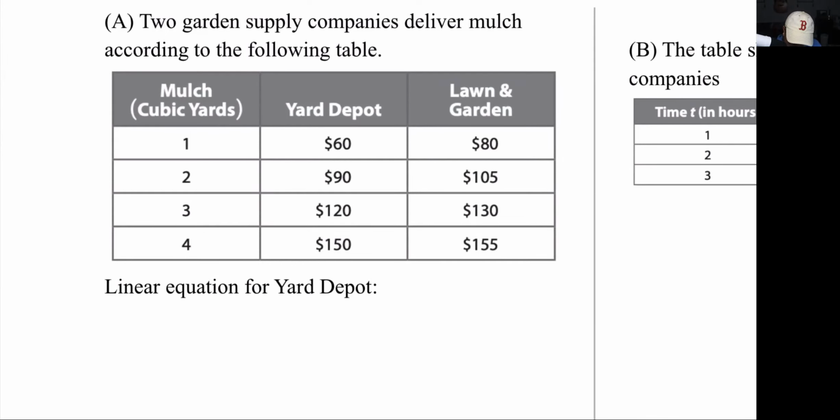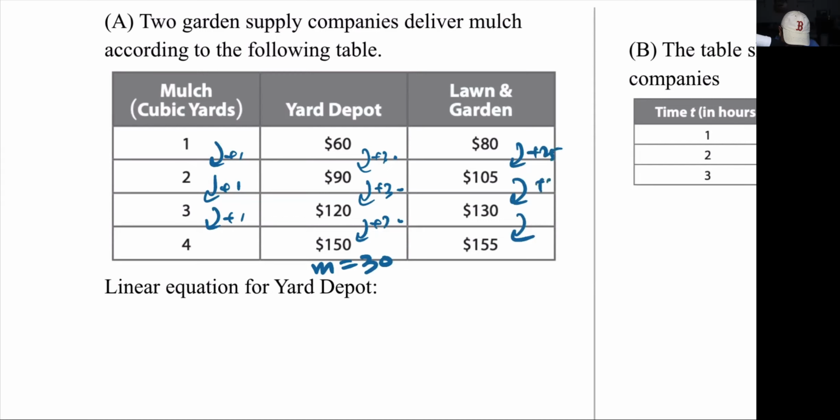If you notice, this is increasing by 1, and then in the yard depot, they're increasing by $30. That implies the slope over here is 30. In the second one, it's increasing by how much? It's a consistent amount, isn't it? It's plus 25. So every cubic yard of mulch gives you $25.